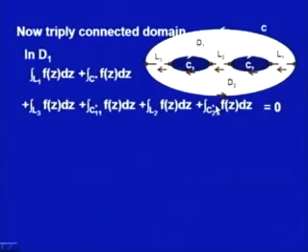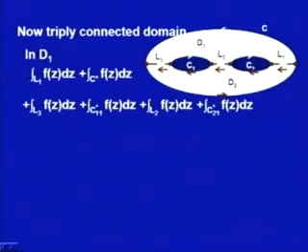So it should be 0 according to the Cauchy integral theorem. Now in a similar manner, I will take the boundary of D2. I would start from here. We go along L3 in the negative direction, then the lower portion of C in the counterclockwise manner, then L1 again in the negative direction, because L1 we have defined as directed from this side to this side, then C2 in the negative sense, L2 in the negative sense, and C1 again in the negative sense. So let us write it out.